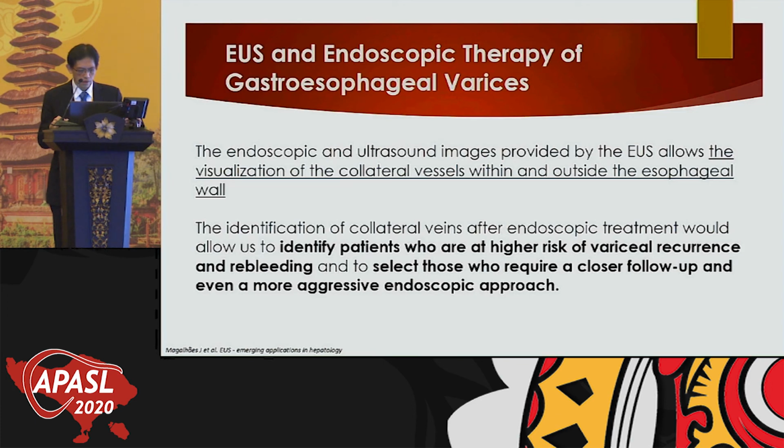The endoscopic and ultrasound images provided by EUS allow visualization of the collateral vessels within and outside the esophageal wall. And of course, it allows us to identify patients who are at higher risk of variceal recurrence and rebleeding, and to select who require closer follow-up and even a more aggressive endoscopic approach.